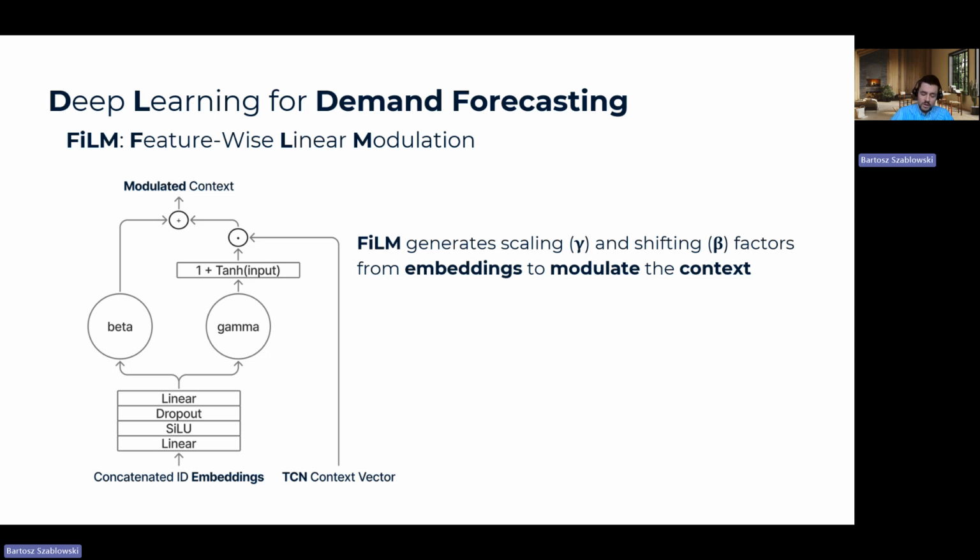And that is why it is called modulation. So I modulate the context itself. Gamma tells the model which dimension of the context representation should be strengthened or weakened, while beta allows a small shift of the representation in the direction that is more suitable for a given time series.